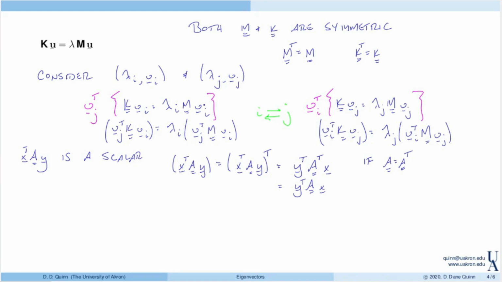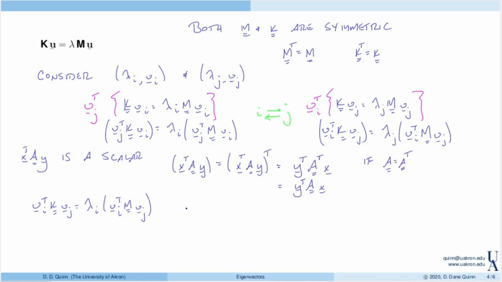So as a result, these two statements can be written in the following way: ui transpose K uj equals lambda i times, well, actually, let's switch the order of that one as well, ui transpose M uj. Basically, I just switched the roles of i and j inside these parentheses.